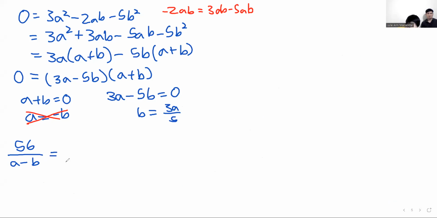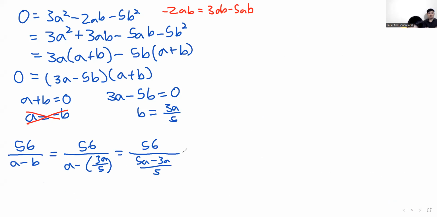So we can multiply them and get an area in terms of a. 56 over a minus 3a over 5, or 56 over 2a over 5.